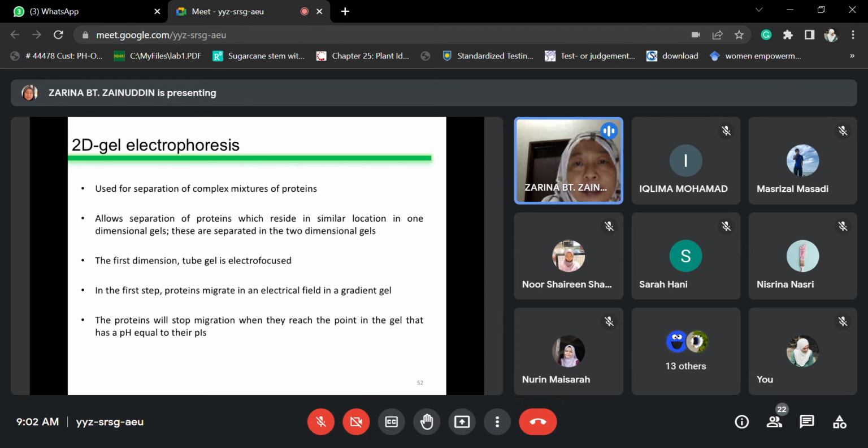And then we have 2D gel electrophoresis, where this technique is used to separate complex mixtures of protein. It allows separation of proteins which reside in similar locations in a one-dimensional gel, and these are separated in the two-dimensional gel.